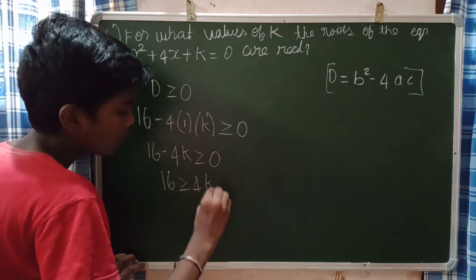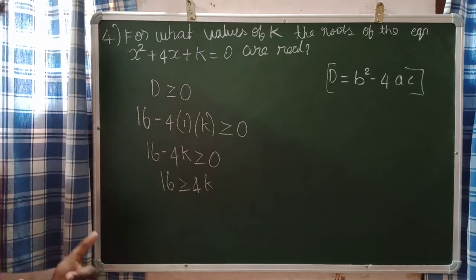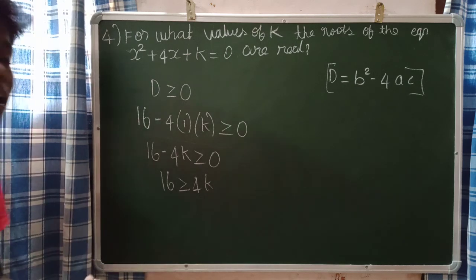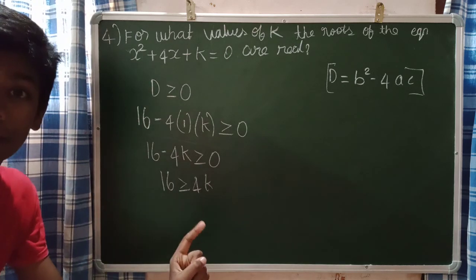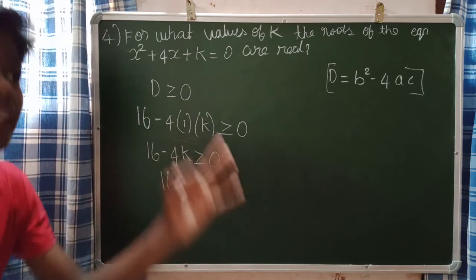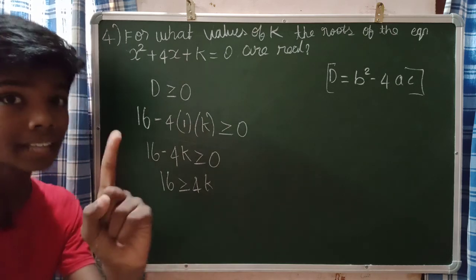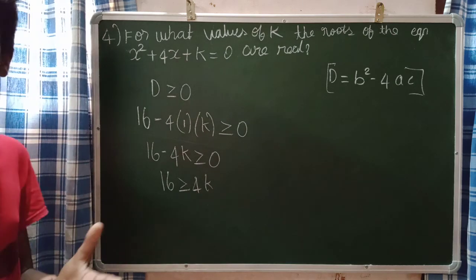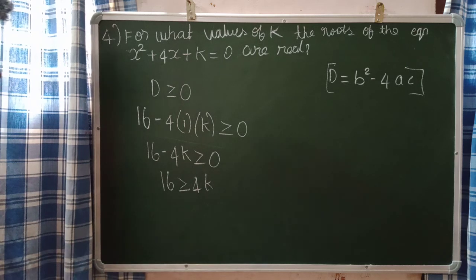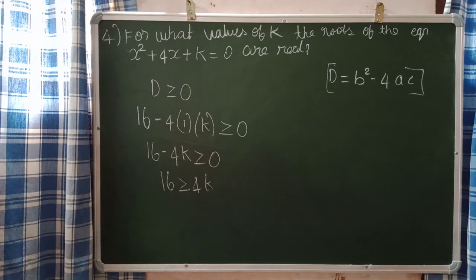It's like solving your simple equation. You know linear inequalities, na? Only when you multiply or divide a negative number on both sides of the inequality do you reverse the symbol. That's one of the conditions of linear inequality. But here I'm just taking your minus 4k to the right hand side, so we don't need to do anything there.